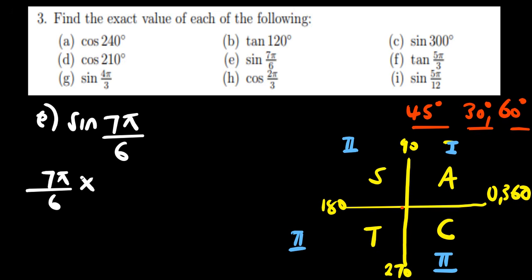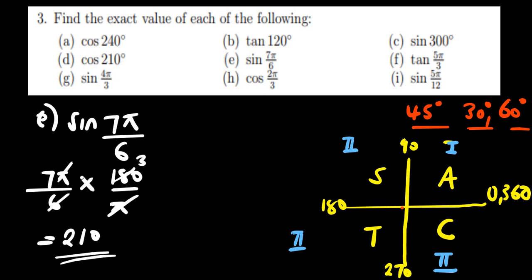You know that pi radians is equivalent to 180 degrees. Pi and pi can cancel. 6 into 6 is 1. 6 into 180 is 30. You have 7 multiplied by 30. 7 multiplied by 3 is 21, and you have a 0 at the end. So this is the same as sine 210.